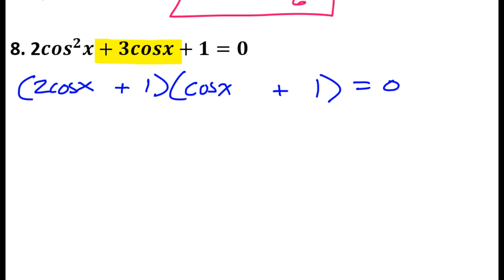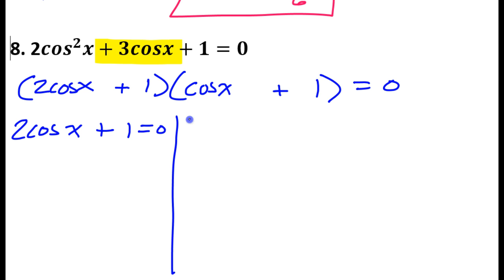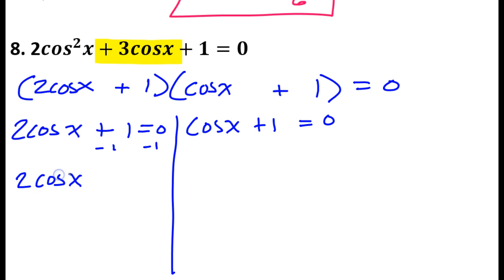Very important. Now that we have factored it, we can find solutions by setting each factor equal to 0. So 2 cosine x plus 1 equals 0, and cosine x plus 1 equals 0. Subtracting 1 from both sides gives us 2 cosine x is equal to negative 1.